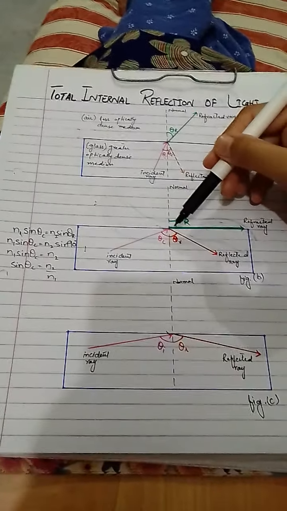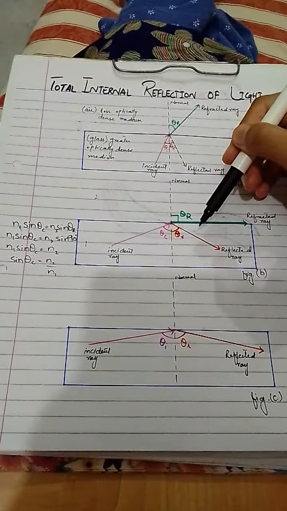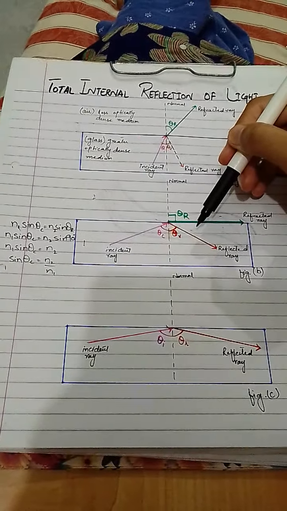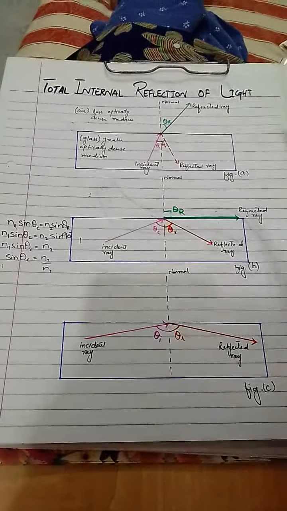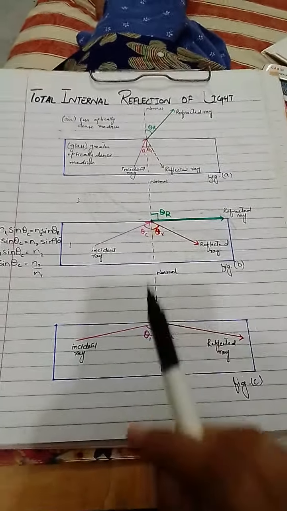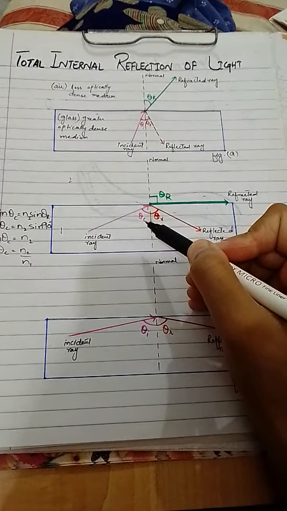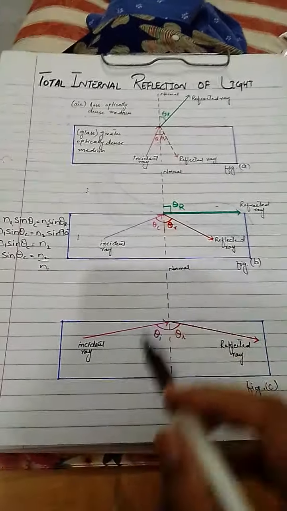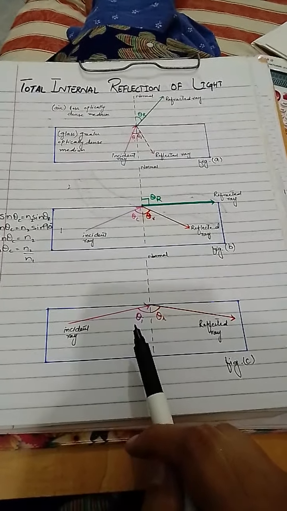If it increased furthermore, this refracted ray would just travel in the first medium again. So if we increase the angle of incidence more than the critical angle, then total internal reflection would occur.